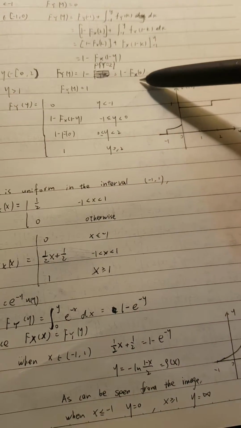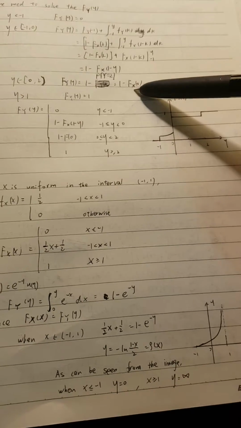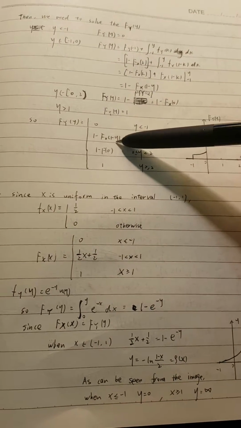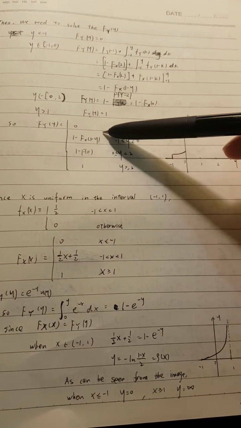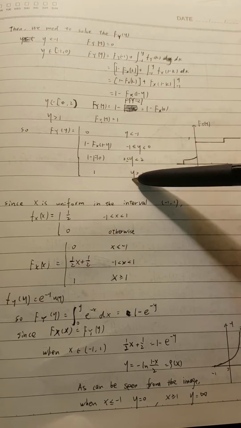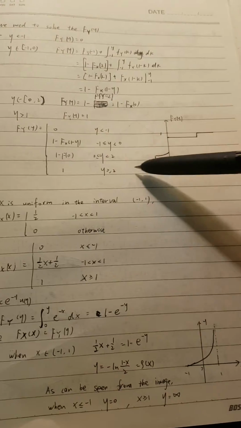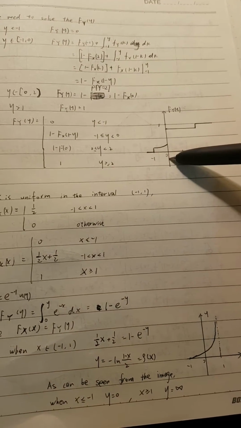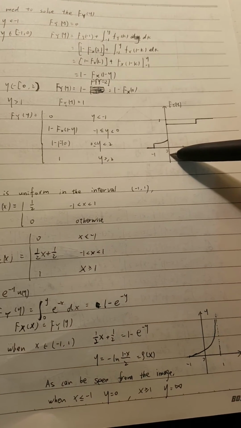It's much easier to write, and we summarize the four parts, and here is the final result, and this is the image of the probability distribution function of Y.